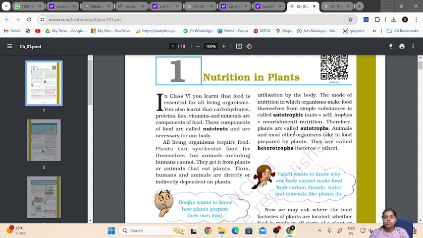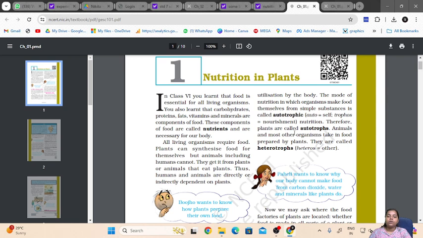There are different components, for example carbohydrates, vitamins, proteins, fats, and minerals. These various components of the food are called the nutrients.